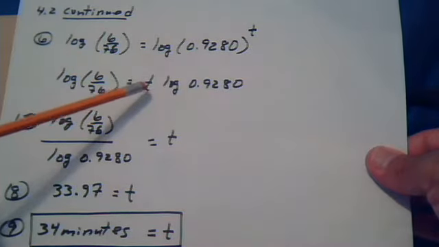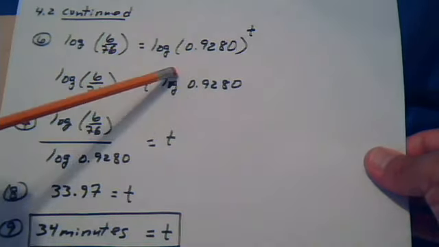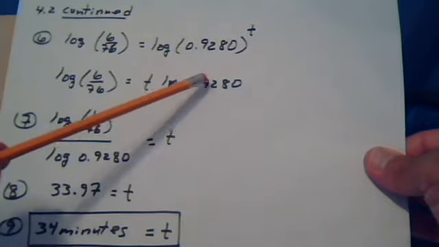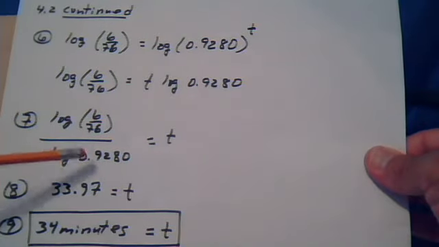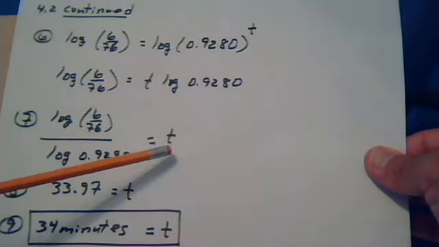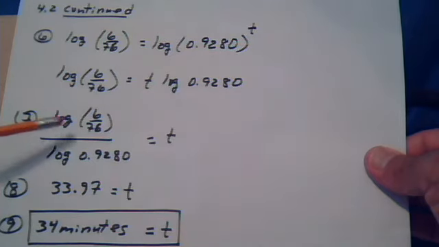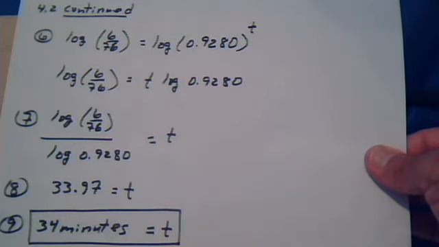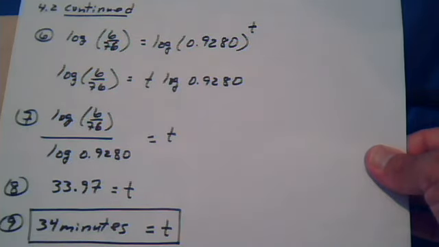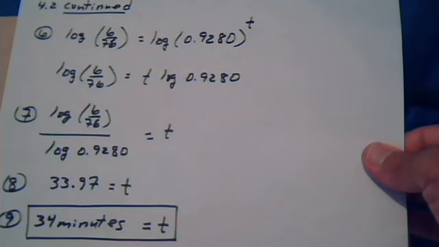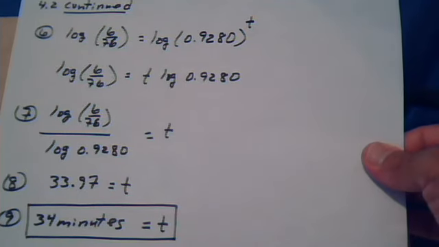Now that you have the power of t here, you could divide both sides by this number, cancel it from here. Just make sure you divide the other side by that number. So we have solved for t. Key this into the calculator. You could round. So this is about 34 minutes. It's going to take 34 minutes for the coffee temperature to become 30 degrees.